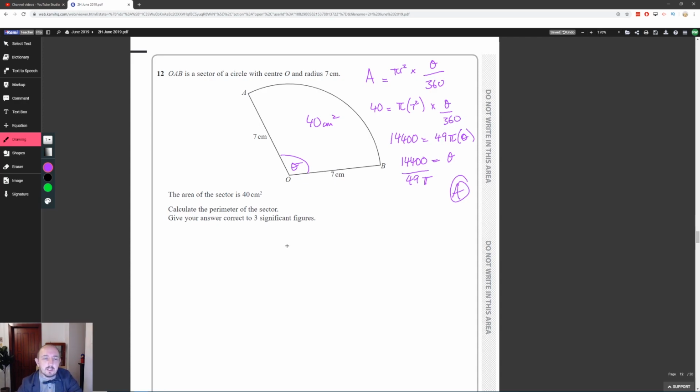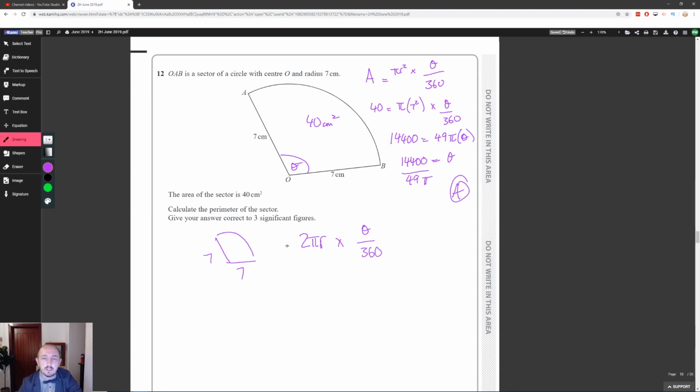So the perimeter of the sector is going to be the 2 radii. So we've got a 7 and a 7 there, and then we need the arc length. So we're going to do 2 pi r, which is the full circumference, multiplied by theta over 360.